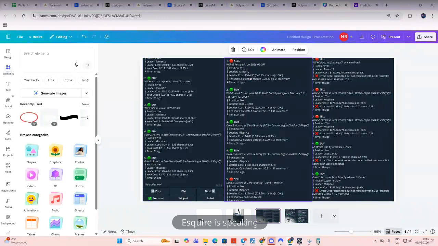He bought $544 and mine didn't meet the minimum. Oh no, sorry, this is where I manually liquidated before he sold. So on the buy, you can see this didn't meet the $1 minimum.